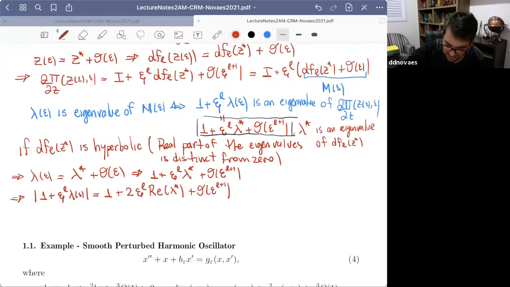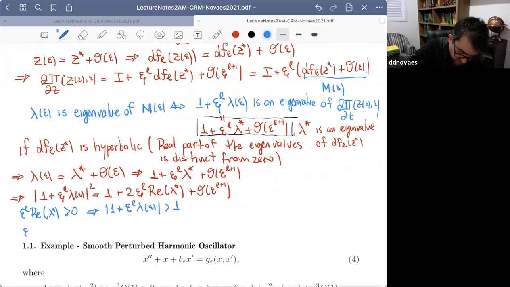This implies that if epsilon L multiplied by the real part of lambda star is positive, then the norm of 1 plus epsilon L lambda epsilon, which is the eigenvalue of the derivative of the Poincaré half map, is greater than 1.